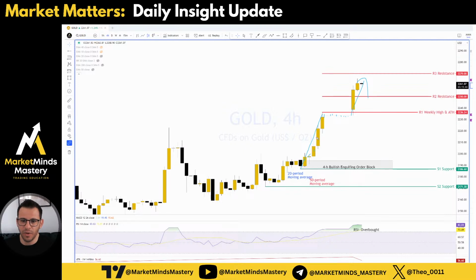It continues with 7 candles on the 4-hour time frame, which is a significant move, and we don't often see this kind of move in the market without any retracement. Now the RSI entered an overbought condition. It's still a buyer's market.